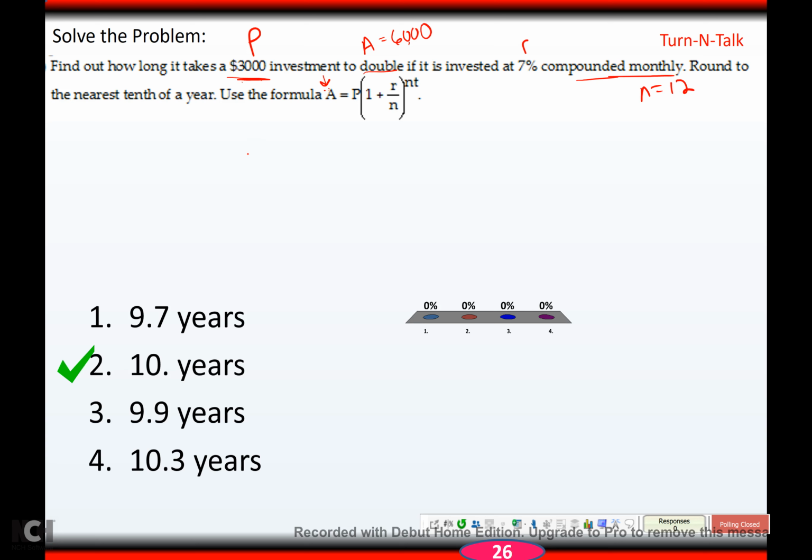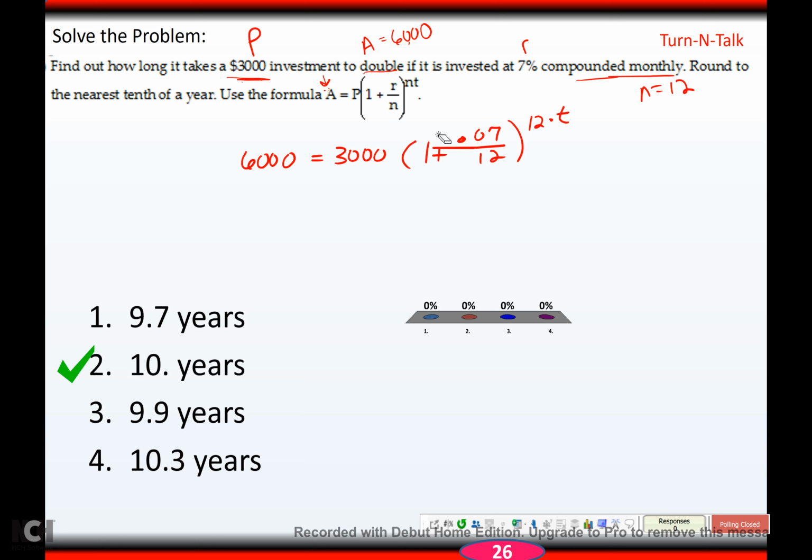So if I plug in what I know, I want 6,000 when I'm done. I'm starting with 3,000 times 1 plus my rate, 0.07 divided by 12, to the 12 times T. Because that's what they're asking for, how long it is going to take to double your money.